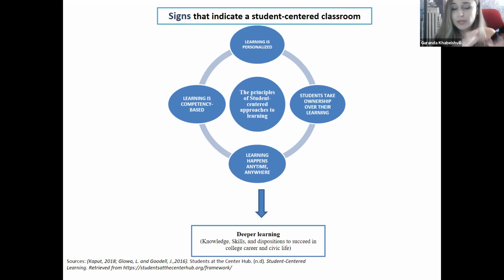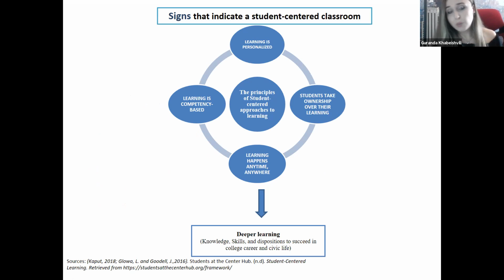Here is the model, the four principles that are the main characteristics of a student-centered learning environment. These are: students take ownership over their learning, learning happens anytime and anywhere, learning is personalized, and learning is competency-based.